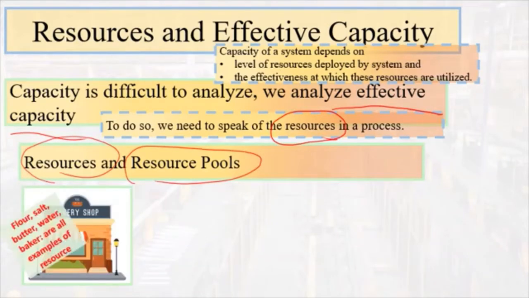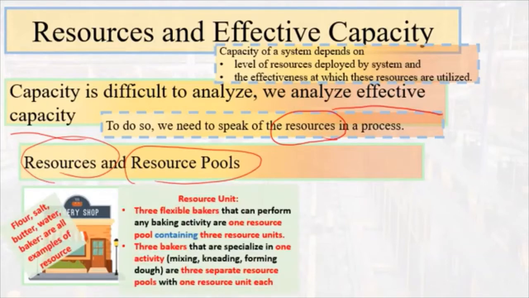So here we have an example of a bakery. If we have three flexible bakers that can perform any baking activity, which is basically mixing, kneading, and forming of the dough, if they could do all three, then we think of them as one resource pool.